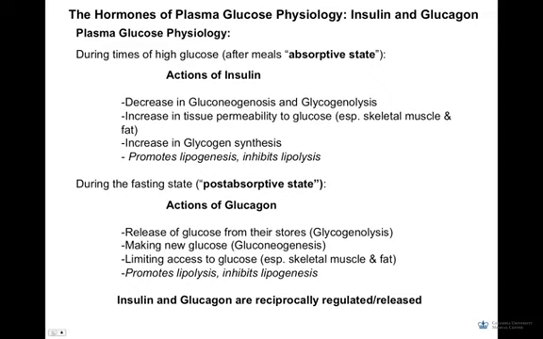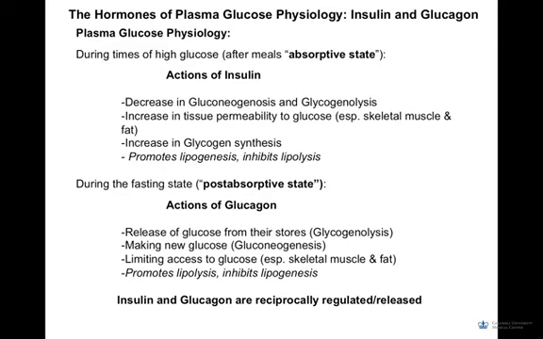Glucagon stimulates the enzymes necessary for the breakdown of fat, lipolysis, and it inhibits the enzymes necessary for fat formation, or lipogenesis. So the actions of insulin and glucagon are absolutely antagonistic to one another, absolutely opposite. Insulin and glucagon are our classic example of antagonistic hormones.